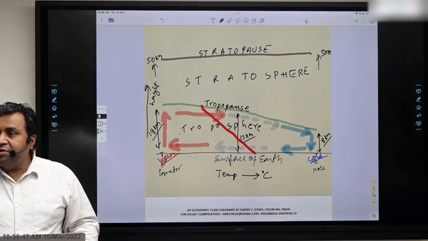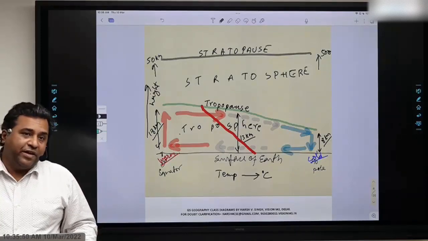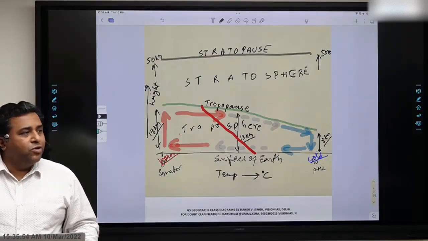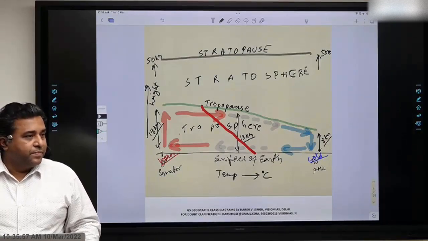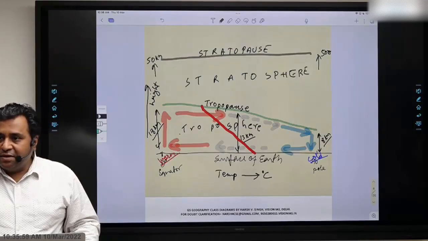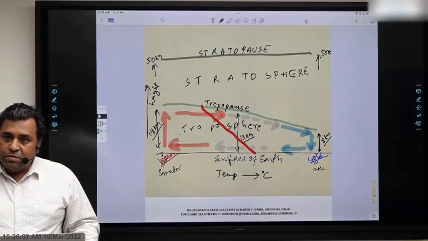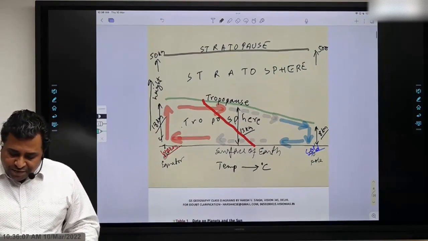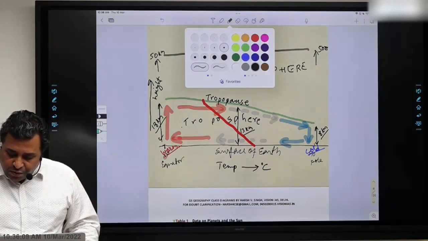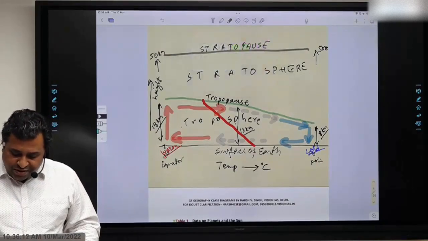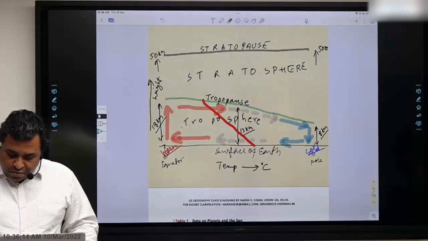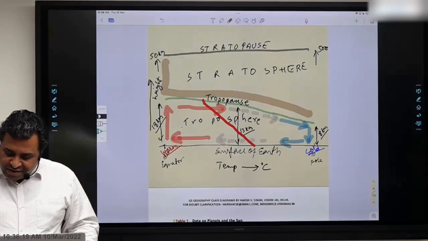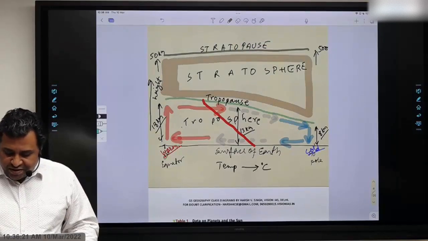Why good ozone? Because it protects us from UV radiation. Whereas the ozone which is in the troposphere is bad because it does not protect us. Secondly, it harms us. You cannot inhale ozone, if you do, that is bad for you. Okay, so is that okay? Do we get it? So in the stratosphere region we have what? Ozone. This whole region we have ozone gas. And what is the role of ozone gas? It protects us from UV radiation.